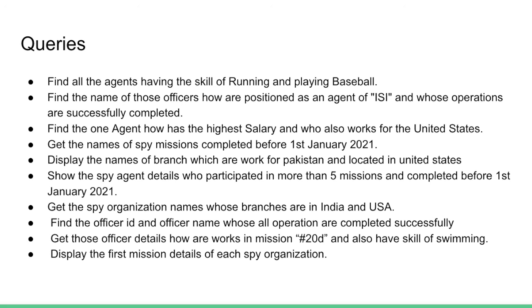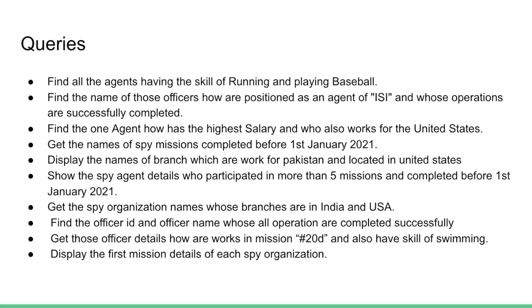The next query is to get the spy organization names whose branches are in India and the United States. In this query, I have to find the organization names whose branches are in the United States and India by just using the branch table. The next query is to find the officer ID and officer name whose operations are all completed successfully.